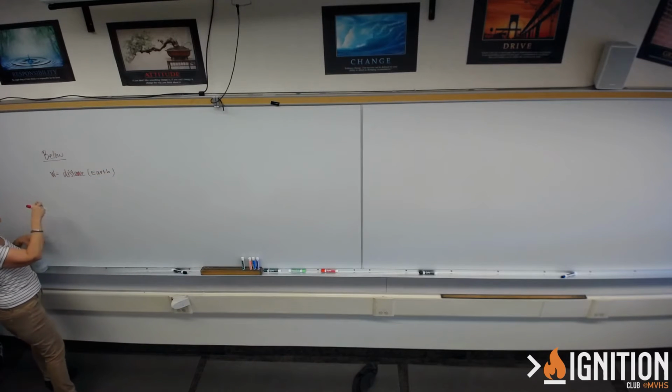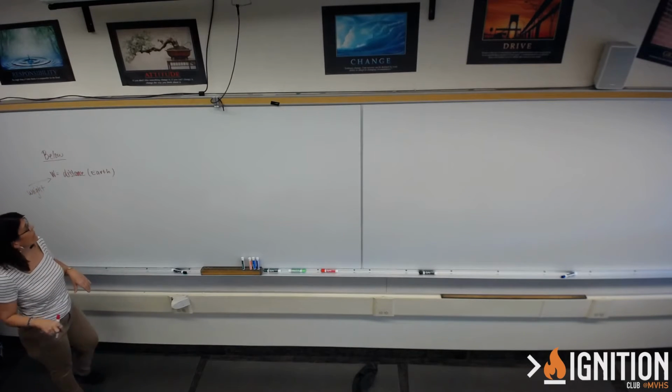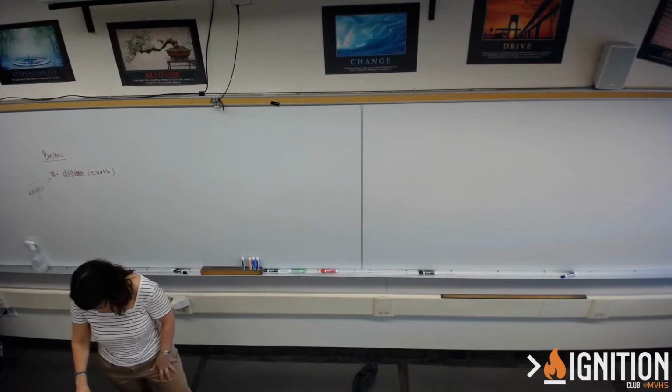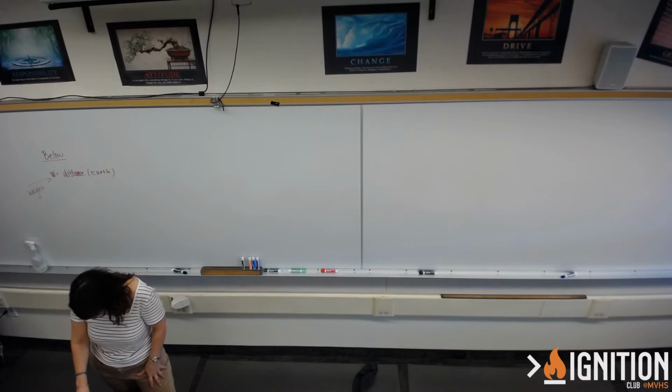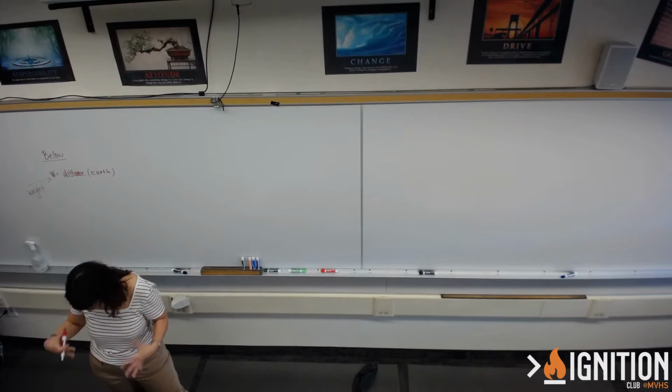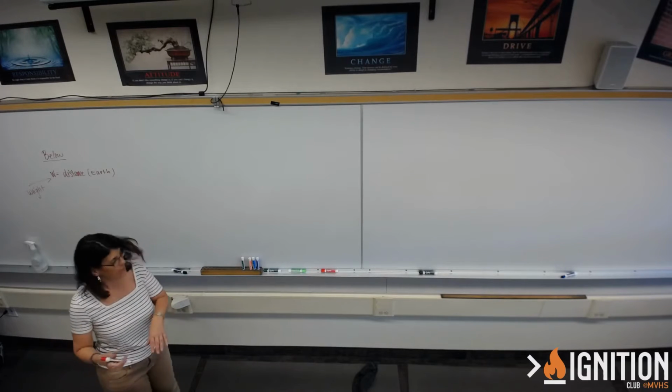What's W? W's weight. D is distance. And then it says it's inversely proportional to the square of its distance when it's above.